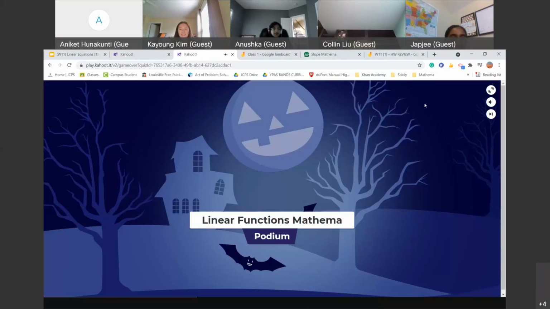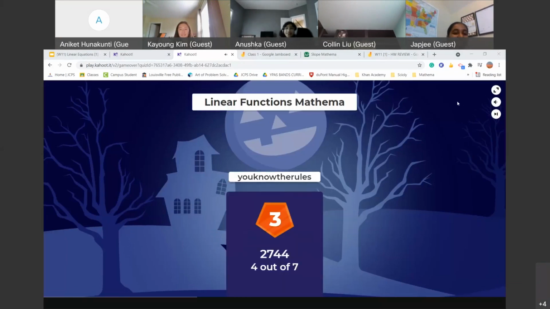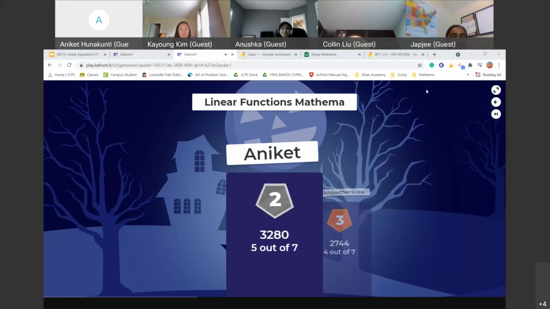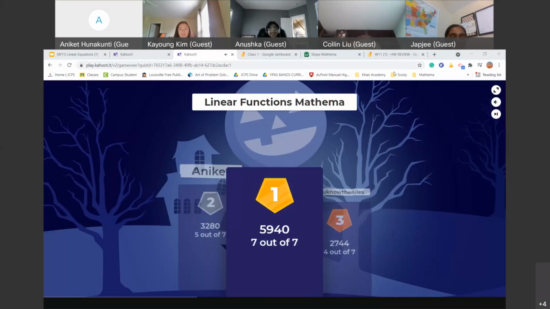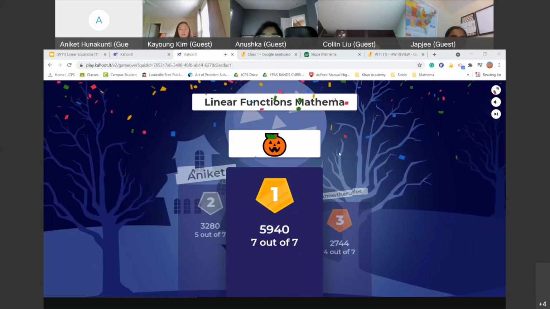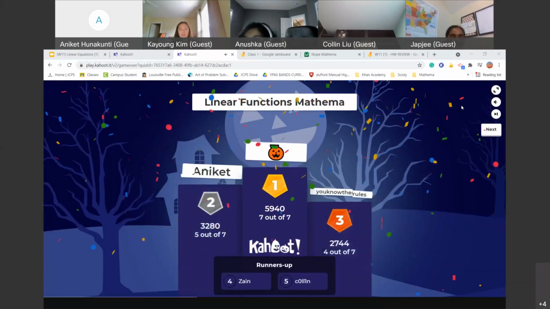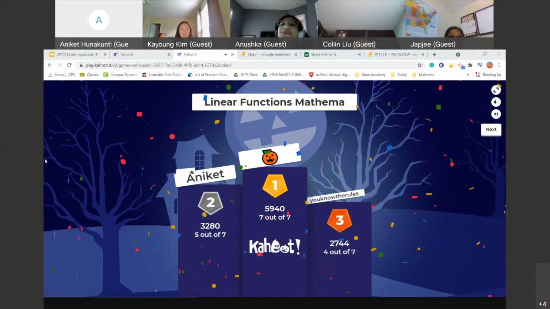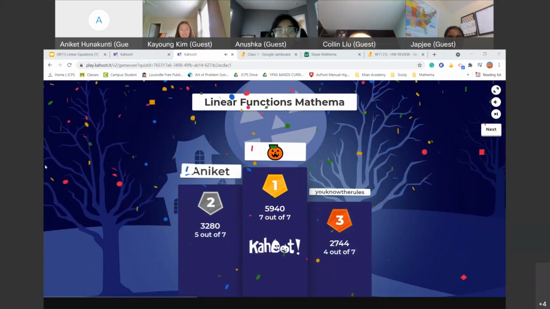Let's see how we did, everyone. Good job, everybody, and Colin. Pumpkin is the runner-up. Who's pumpkin? I wonder who pumpkin is. Guys, am I going to say who they are?